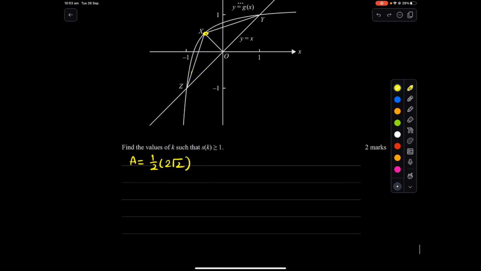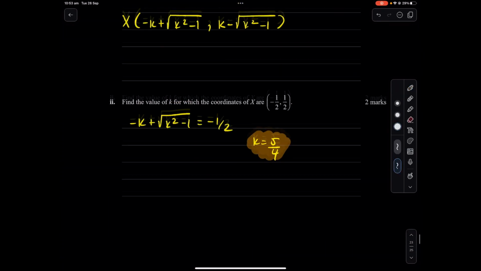So to find the distance of this line, it's just going to be the square root of the y-intercept of it squared.